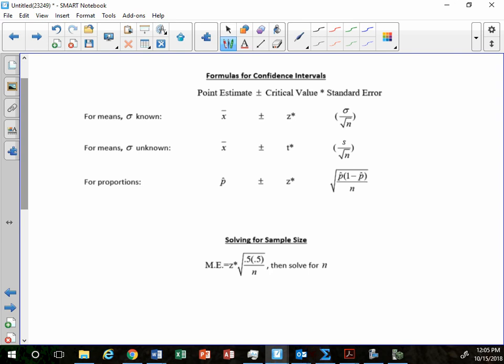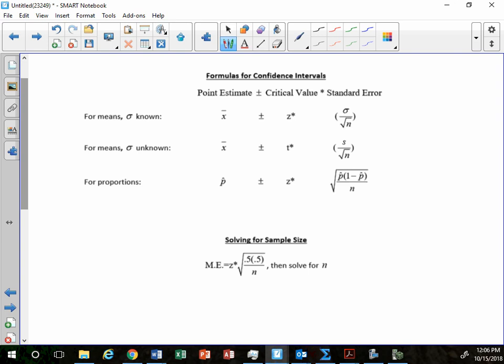These are just the formulas you have to know, the formulas you must write down on your free response questions. If your sigma is known, you've got your point estimate, that's your x bar, plus or minus your critical z value times your standard error.